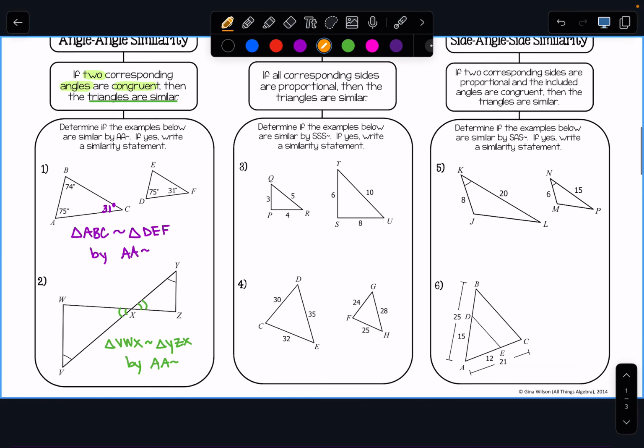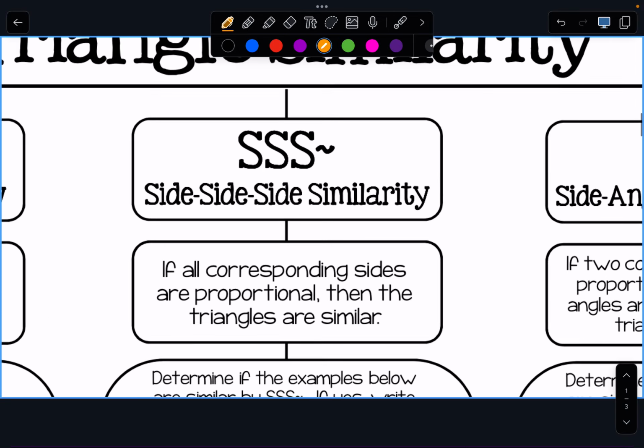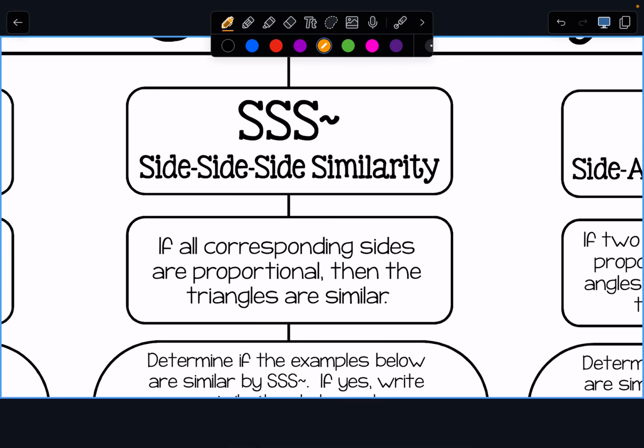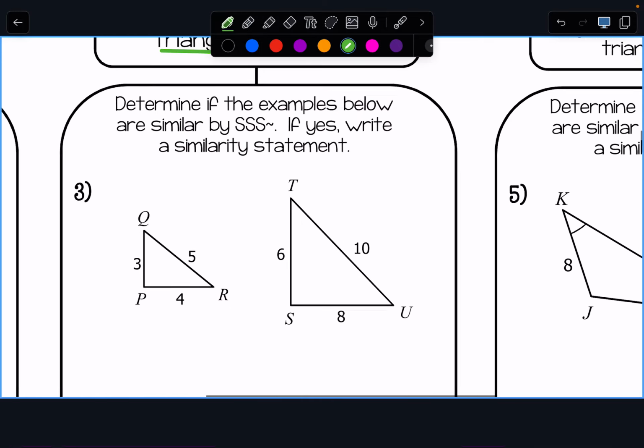Okay, let's go back to our horizontal page. Maybe we know nothing about our angles and we have some information about our sides. If all 3 sets of corresponding sides are proportional, then we can say our triangles are similar, okay? What does it mean to be proportional?